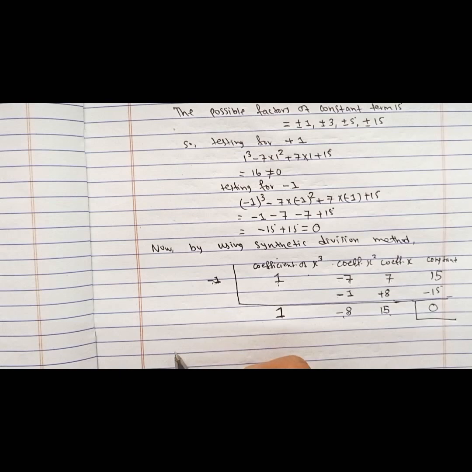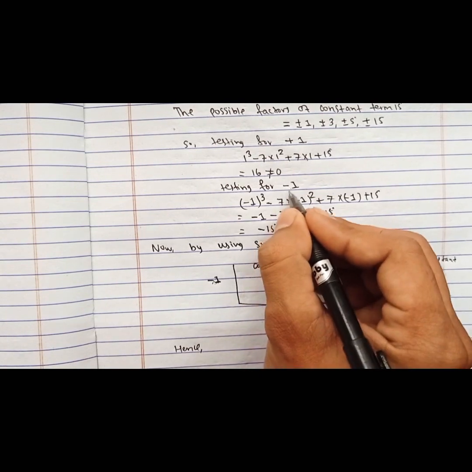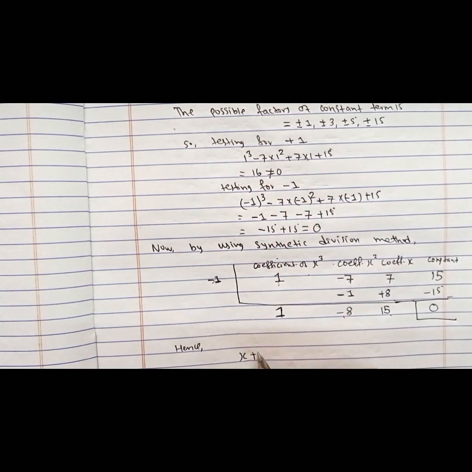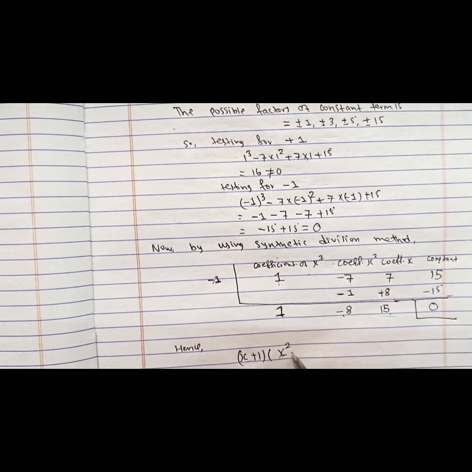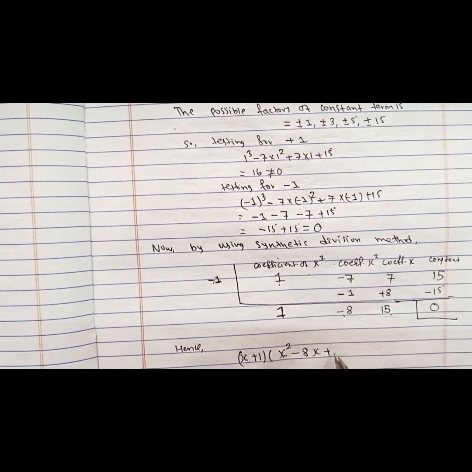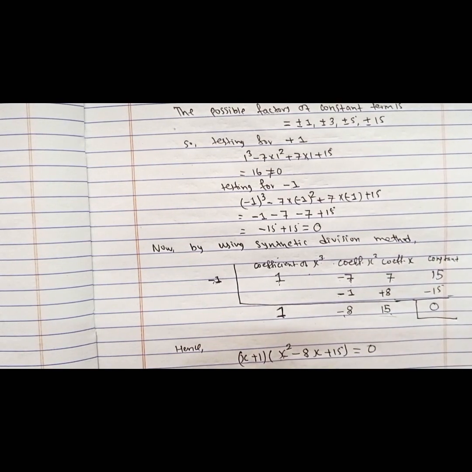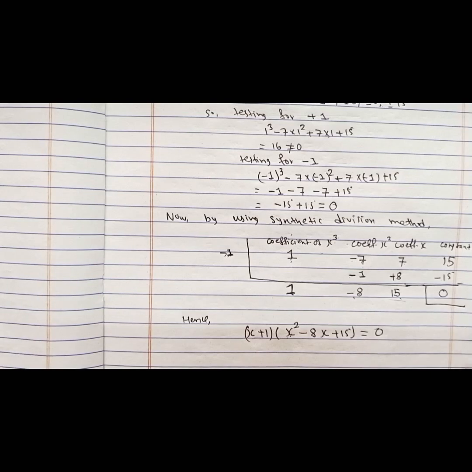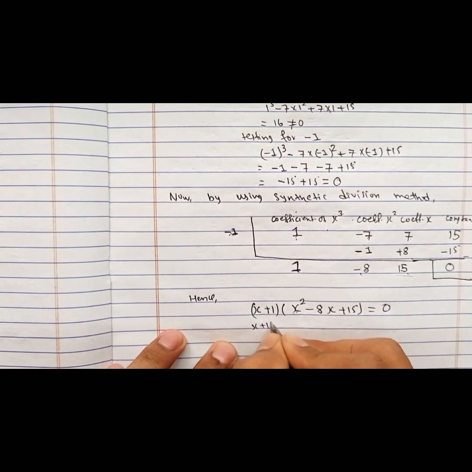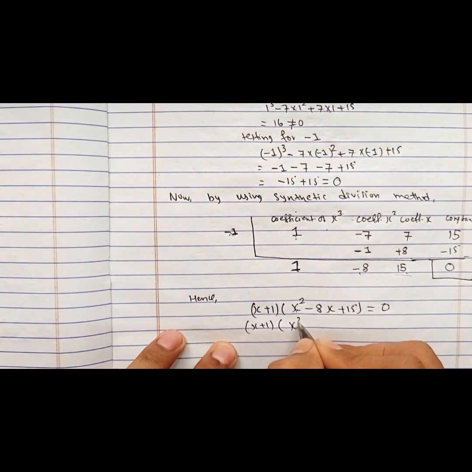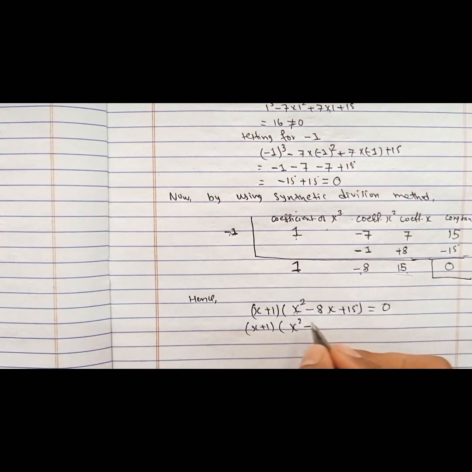So we can write x plus 1 times, and arranging the coefficients, one power less than x cube is x square minus 8x plus 15 equals 0. Now we factorize it again: x plus 1 times x square minus 8x plus 15.